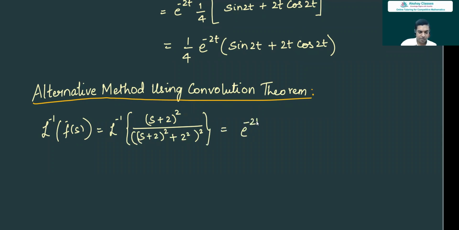This is e power minus 2t, Laplace inverse of s square by s square plus 2 square the whole square.